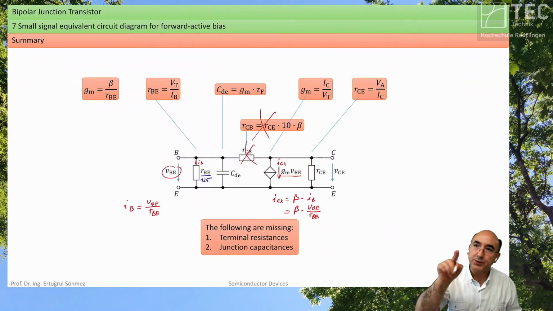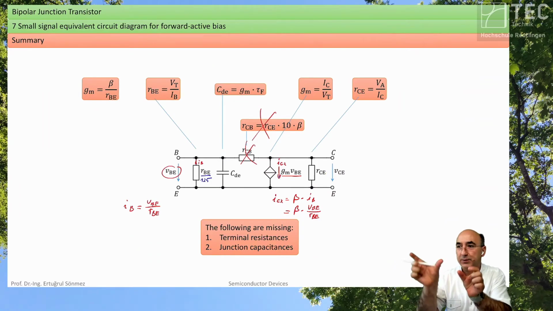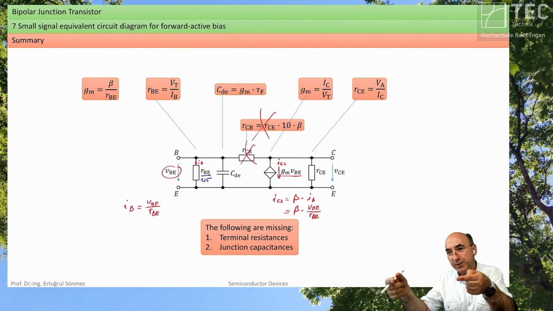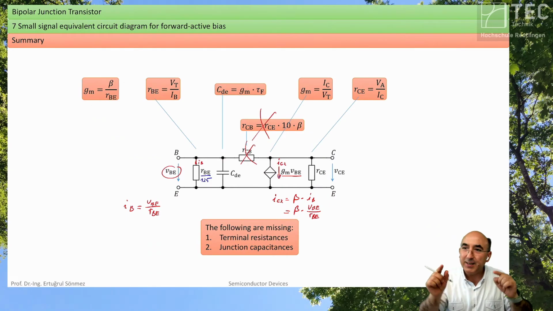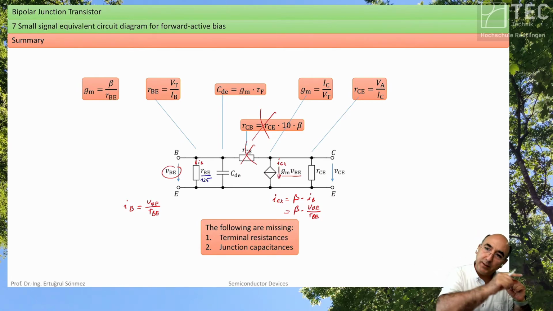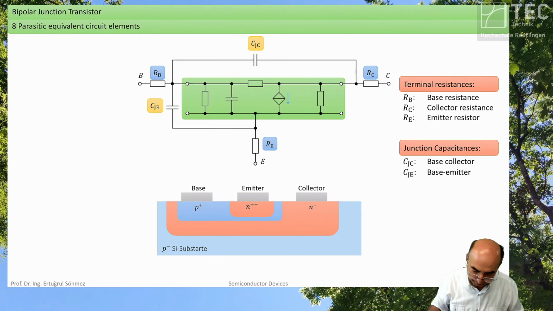The reason for the differential resistance of the output is the early effect. The reason for the early effect is the change in the neutral base width. The change in the neutral base width is a function of the space charge change. The change in the space charge is a, yeah, and so on. So take the same link chain for all these values. Then you have understood that stuff.